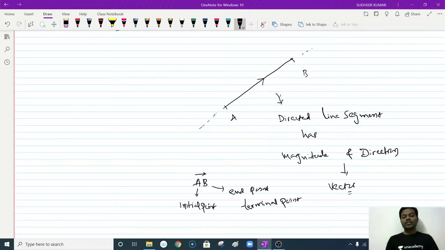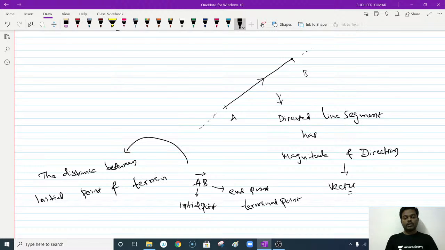The distance between the initial point and the terminal point is called the magnitude.